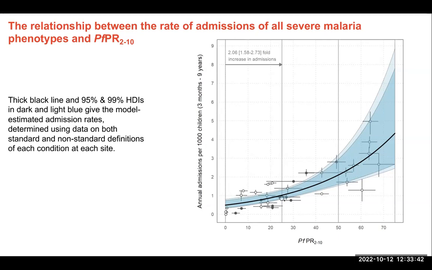Although in many sites a parasite prevalence of greater than 70% is a rare event, we cannot rule out a plateauing or a decline in severe malaria rate beyond this infection prevalence, as we couldn't tell what might happen beyond that. What this model suggests is that for every 25% increase in parasite prevalence, the annual severe malaria admission rate approximately doubles, and the credible intervals were between 1.6 and 2.7.